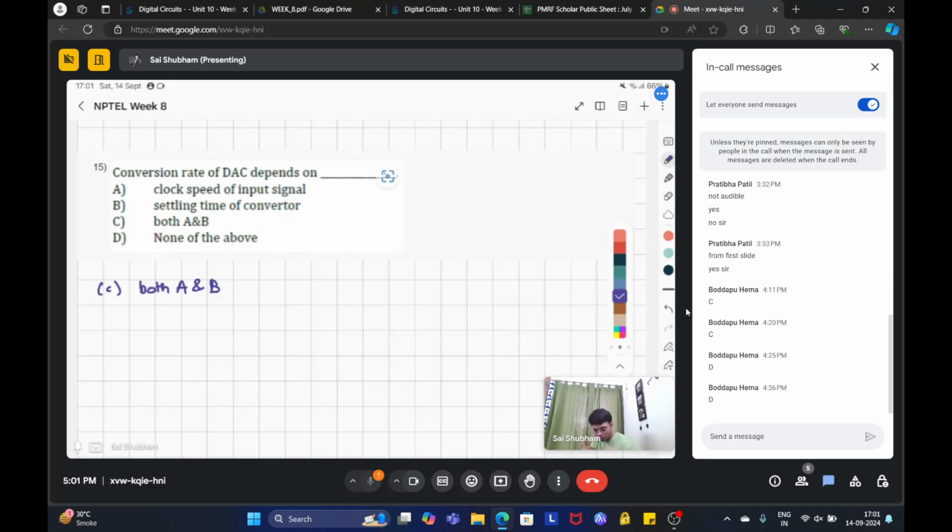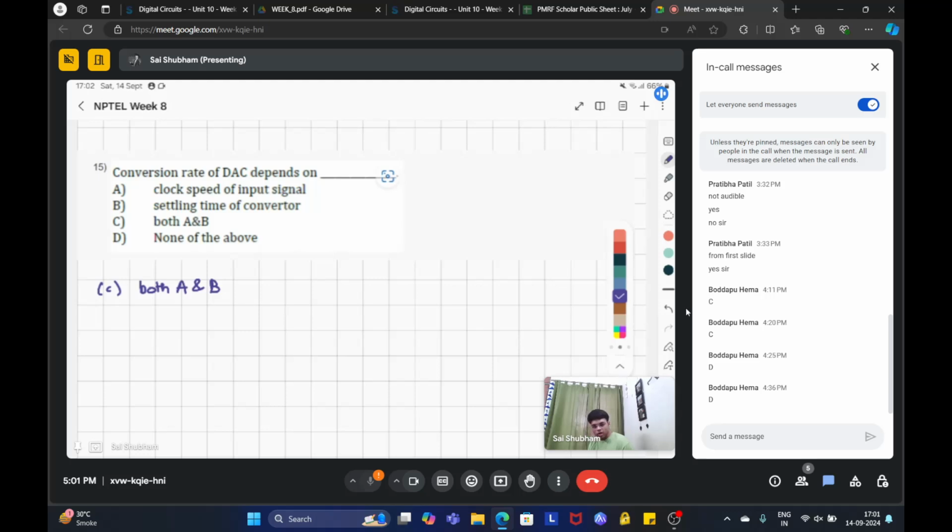Here clock speed is mentioned, so by default it means SAR ADC. In case of SAR ADC, we have to keep on comparing. We have to update the value and keep on comparing with the input. Each comparison takes some time, which is known as your time period or clock cycle. So if we minimize it, then the comparison can be done faster. A lot of comparisons can be done in the same time. So it definitely depends on your clock speed.